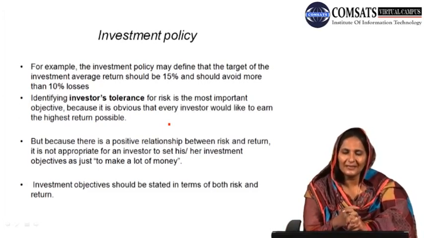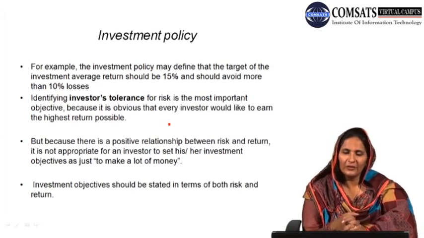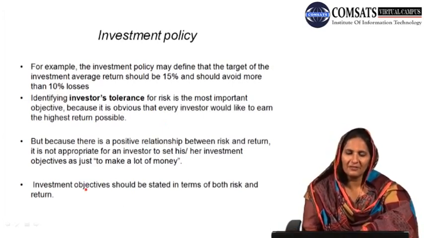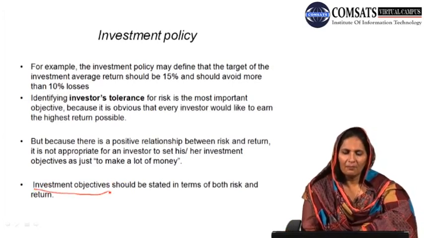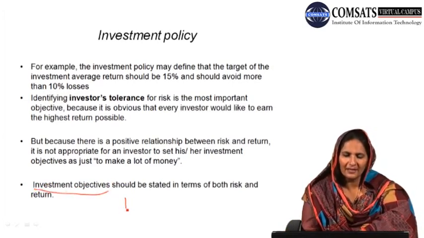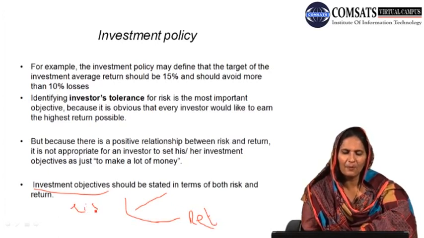Therefore, investment objectives should be stated in terms of both risk and return. So we can say that investment objectives cannot be independent of risk and return. Both risk and return go side by side. There is a positive relationship between the two. अगर हमारा level of risk, if we think that return lies on the horizontal axis and risk lies on the vertical axis, there will be a positive relationship between the two.